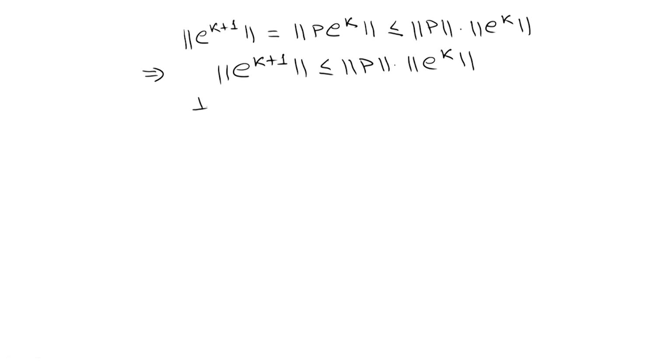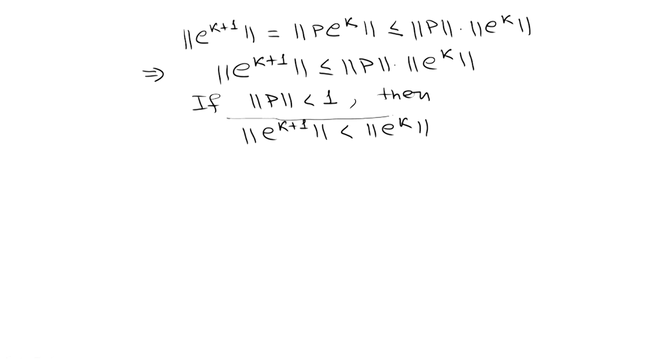Now, if this norm of p becomes less than 1, then what we are having? The error in the k plus 1 iteration is less than the error in the kth iteration. Now, this is quite important.